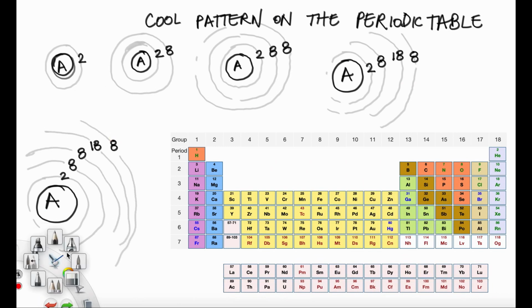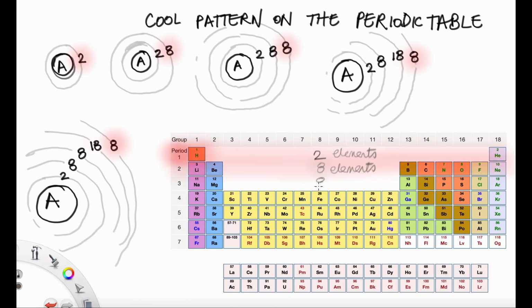So take a look on the periodic table and notice how many elements are in the first row, the first period. There's 2 elements. And there's 8 elements in the second row. And there's 8 elements in the third row.